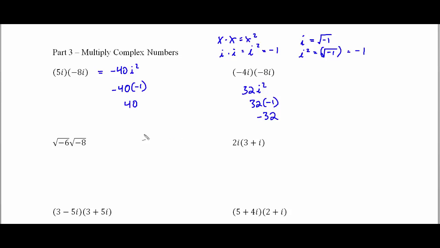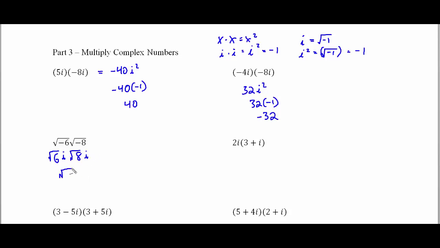So far so good, but look at this problem here. You might think that you want to multiply straight across and get a positive 48. Well, unfortunately that's not the case. In this case, this is the square root of 6 i, because you can just pull the negative out of the radical by making it an i outside of the radical. This is going to be the square root of 8 i.